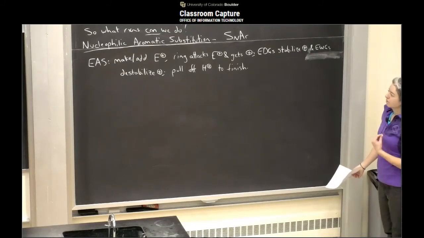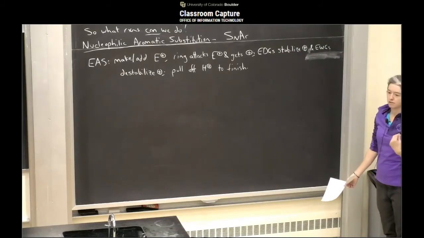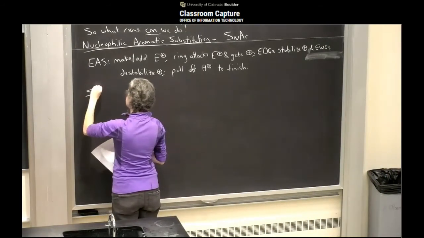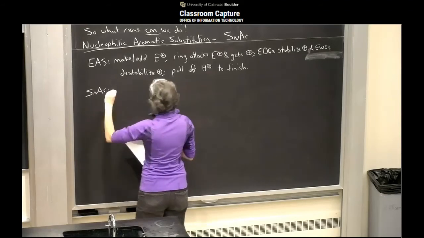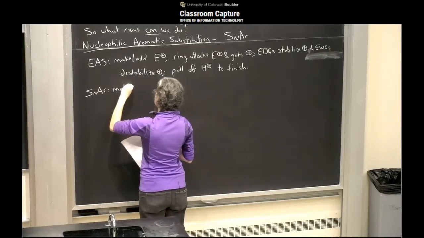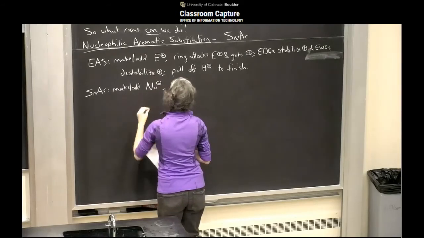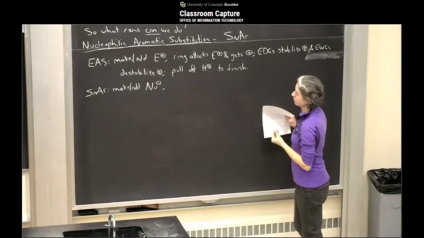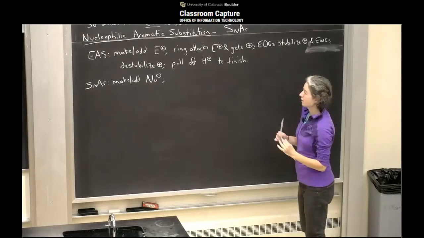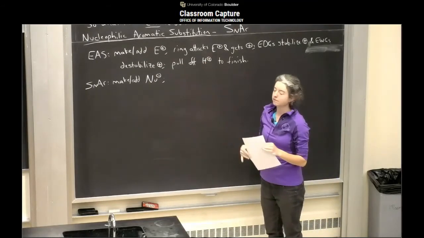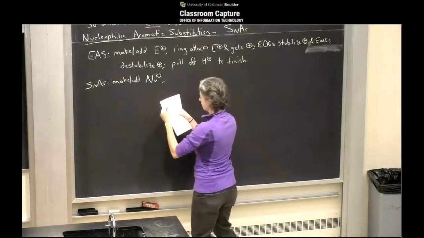Okay, so nucleophilic aromatic substitution is the exact opposite of that. So we're going to have to either make or add a nucleophile. So we're dealing with negative charges this whole time. So rather than the ring attacking like it did up here, we're having the nucleophile attack the ring.